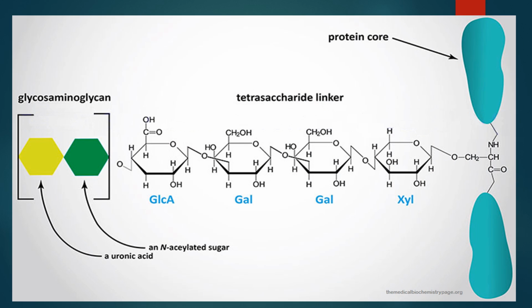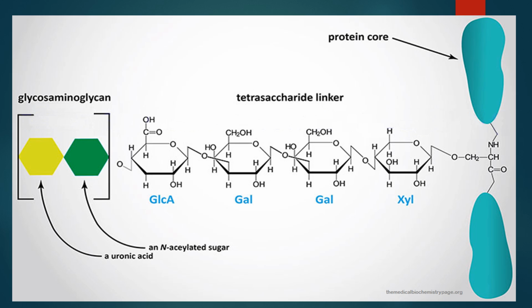The linkage of GAGs to the protein core in most but not all proteoglycans involves a specific tetrasaccharide linker composed of a glucuronic acid residue, 2 galactose residues, and a xylose residue. Take note that this tetrasaccharide linker is most commonly seen in proteoglycans that contain heparins, heparan sulfates, dermatan sulfates, and chondroitin sulfates.